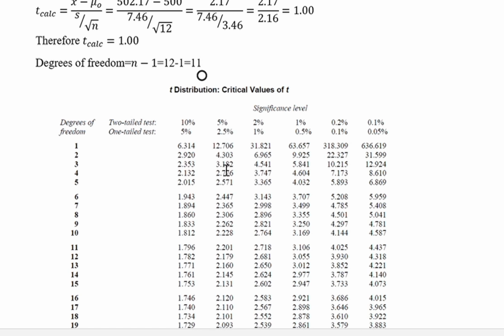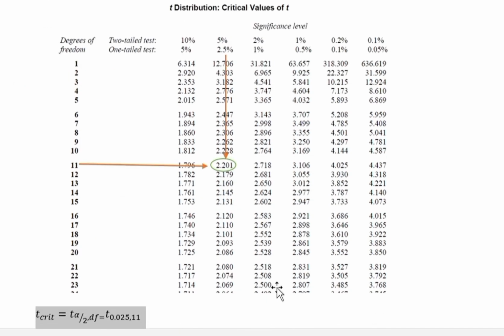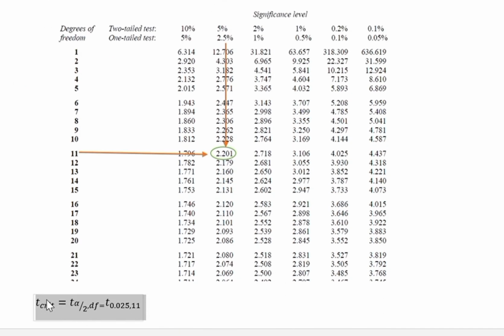So you move down and you move across 11, then you will get 2.201. So that means the t critical is 2.201.